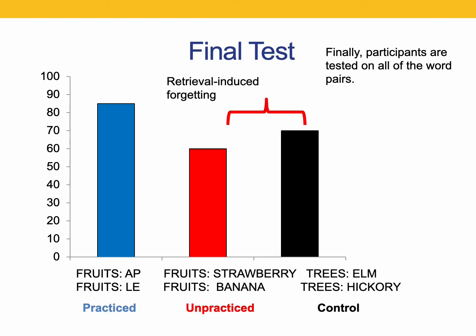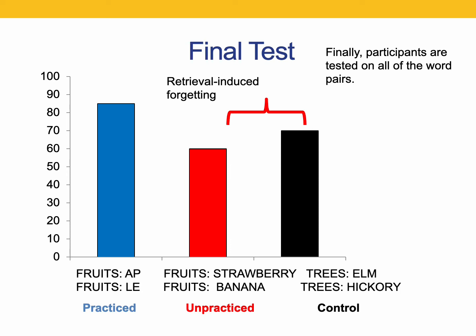But we also see the perils of retrieval, in the sense that the items related to what was retrieved, the other fruits that weren't practiced, are harder to recall than the items from the totally untested category. So how is retrieval modifying memory?